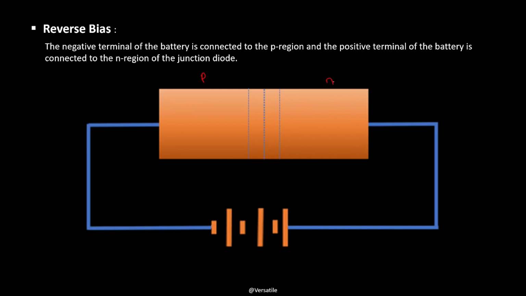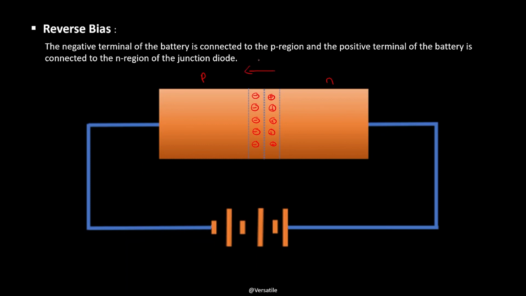And we have already seen that negatively charged immobile ions reside in the depletion region in the P side, and positively charged immobile ions reside in the depletion region in the N side. And the external electric field E produced by the battery voltage is in the same direction as the internal field EI.